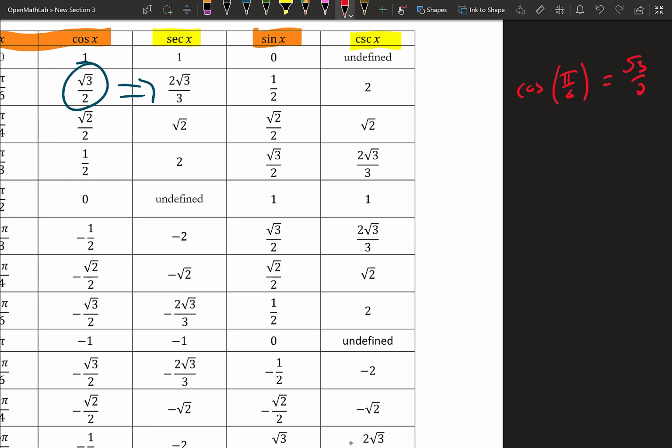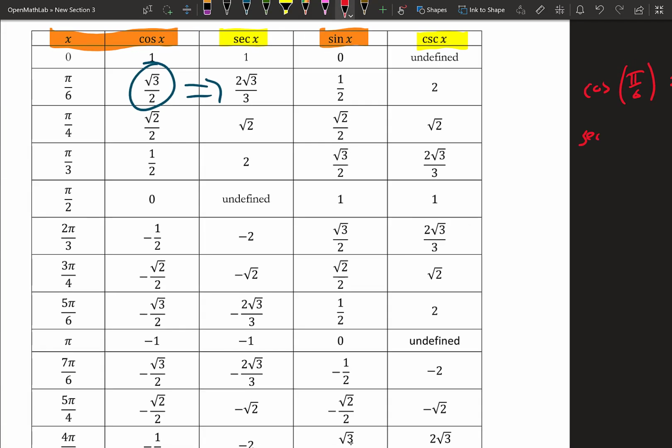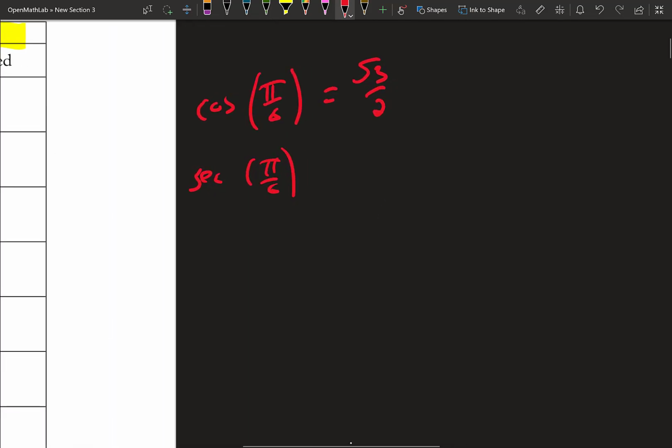What if I'm trying to find secant of pi over 6? It's important to remember that secant of pi over 6 is equal to 1 over cosine of pi over 6. It's just the reciprocal. So this would be equal to 2 over radical 3.